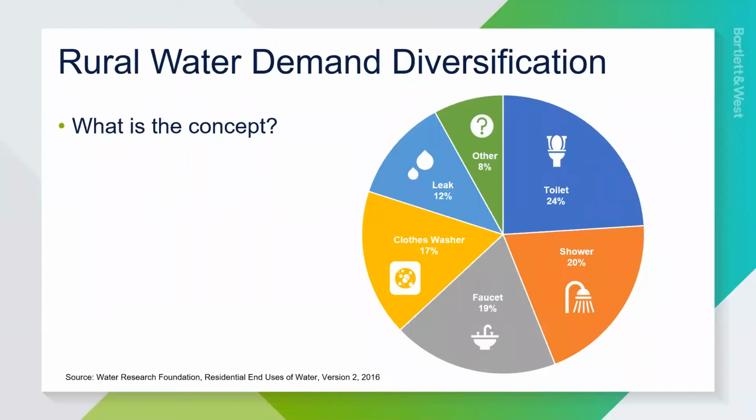And the demand diversification concept is this. It's the concept that not every user is going to use water at their own peak flow at exactly the same time.